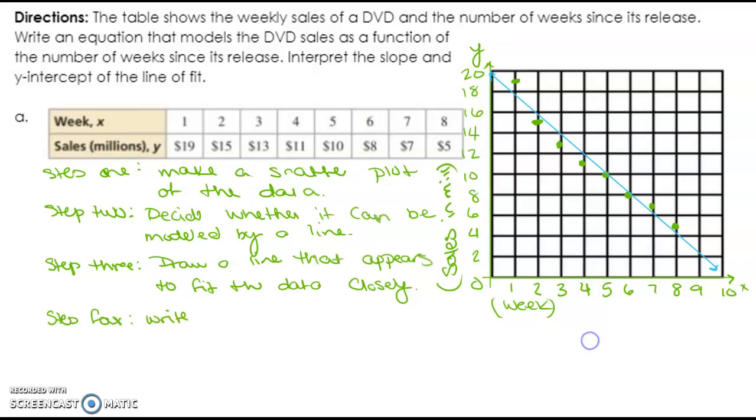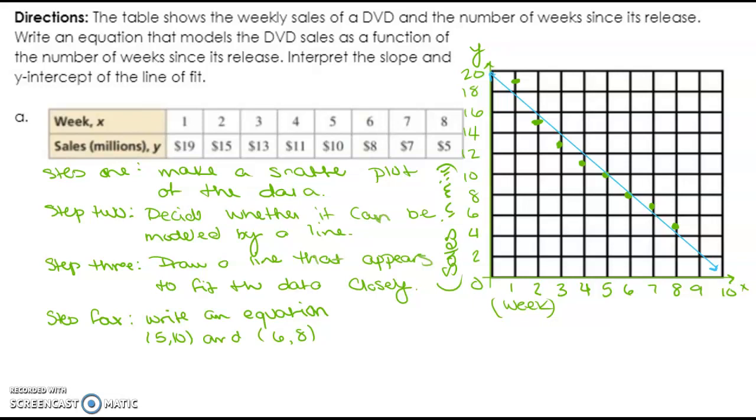Then step 4, we want to write an equation, and I'm going to use 5, 10 and 6, 8 because those are the 2 points that I'm hitting on my graph with my blue line. So first, in order to write my equation, I want to find the slope.